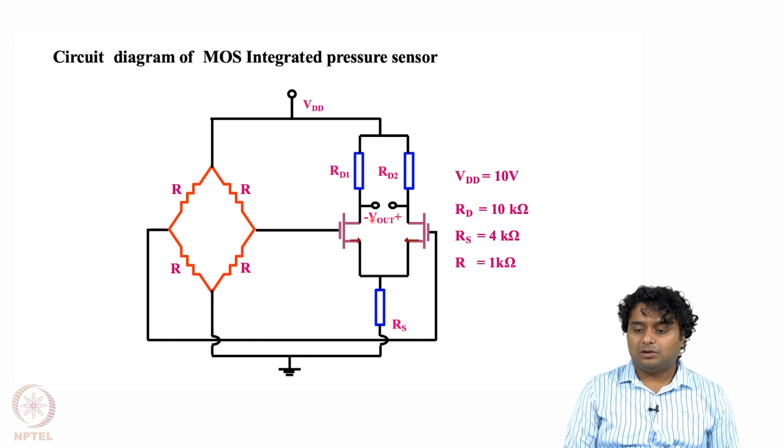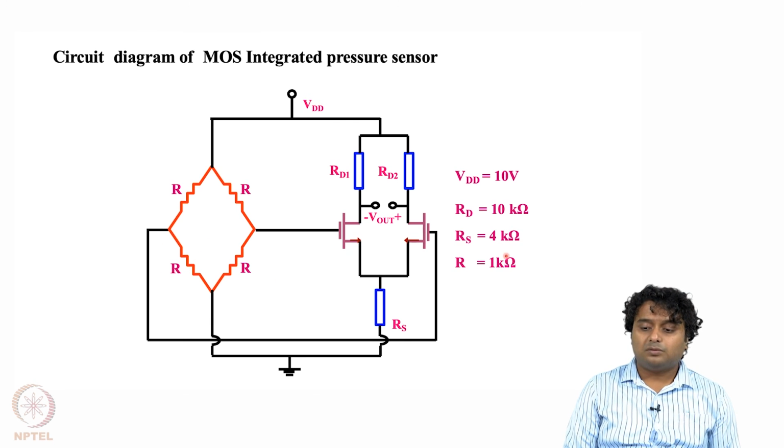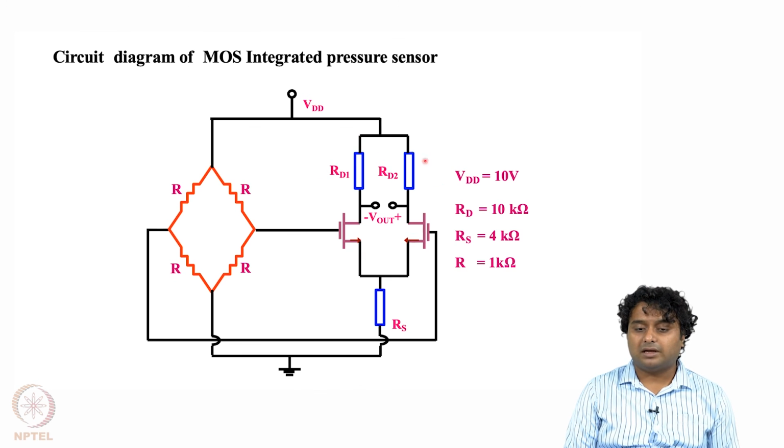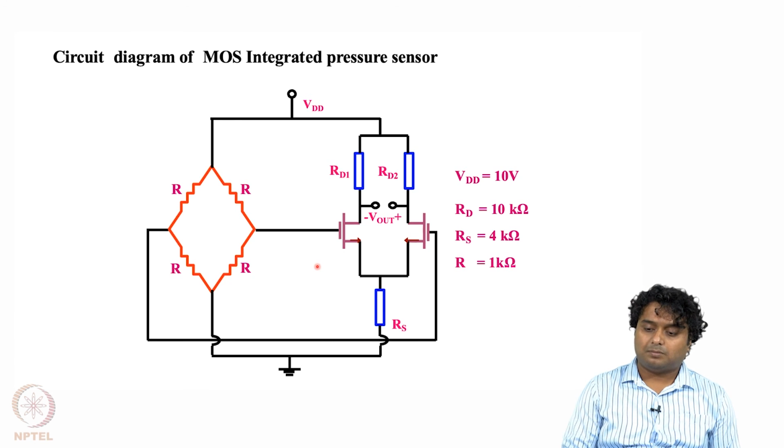Let us say if we are using a gain of 10 amplifier, and we are getting like 2 millivolt output from the Wheatstone bridge, then ultimately at the measuring end we will see 20 millivolts. So this kind of electronics we can also put with the pressure sensor, and this will increase our sensitivity electronically.